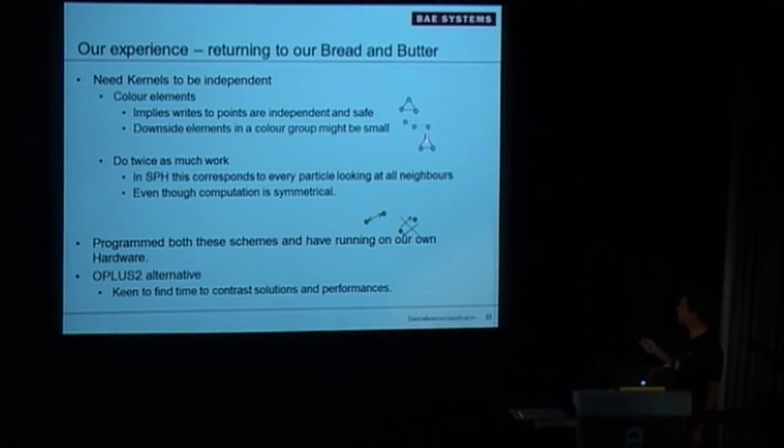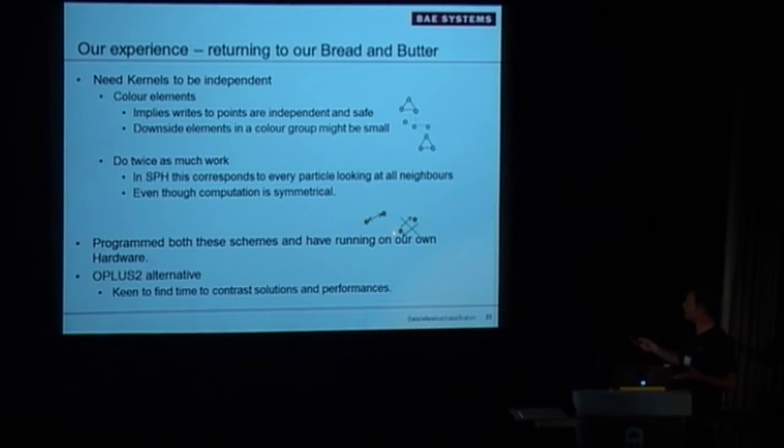I talked about colouring here, but there's another interesting approach, and I call this one-sided, or doing twice as much work. It's easy to think of this in an SPH type situation where I have two particles. The force on those two particles is symmetrical, yet to allow me to do a totally independent kernel update, I need each particle to be in control of its own update.